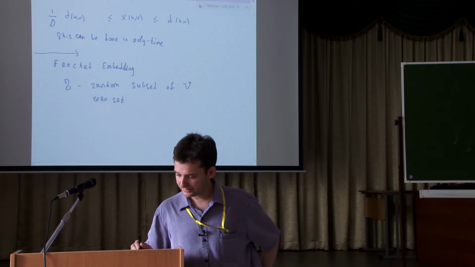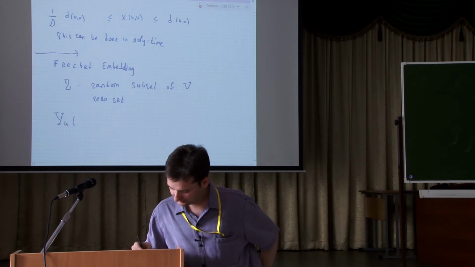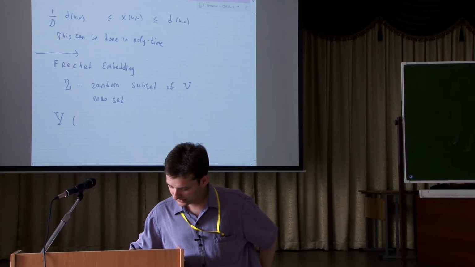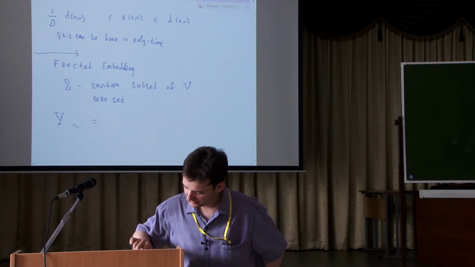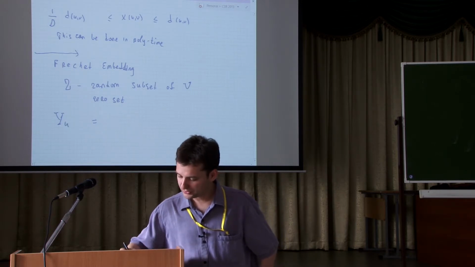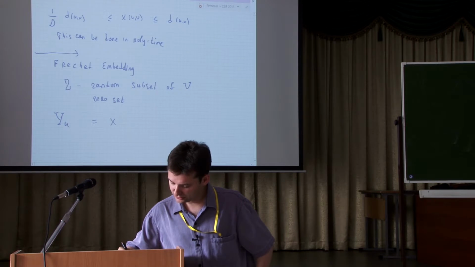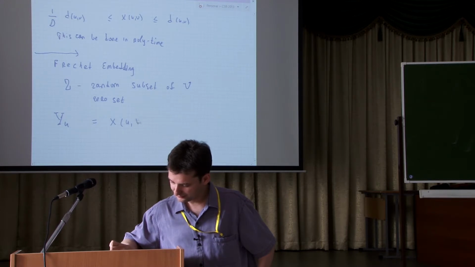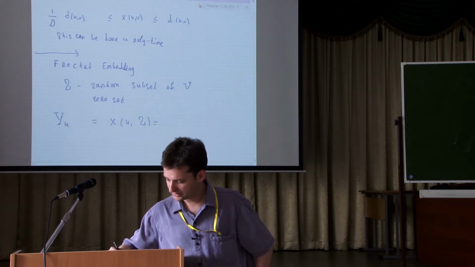Then to define the Fréchet embedding, the random variable Y sub U is going to be the distance we denoted before, X, from U to the zero set Z. In other words, what's the distance to the set?